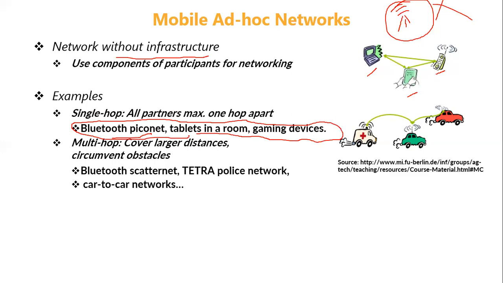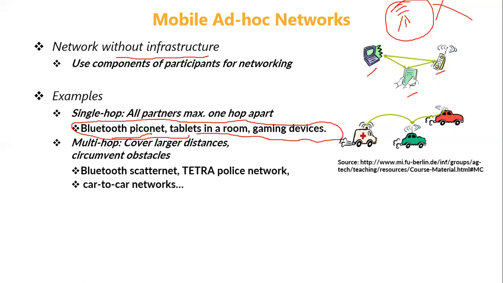You cannot use these devices like mobile phones if somebody is 10 kilometers away or 100 kilometers away, or in another city. In that case we cannot use Bluetooth. So that is where ad hoc networks come in. Ad hoc networks try to provide all the services that are provided by the typical cellular network but without infrastructure.